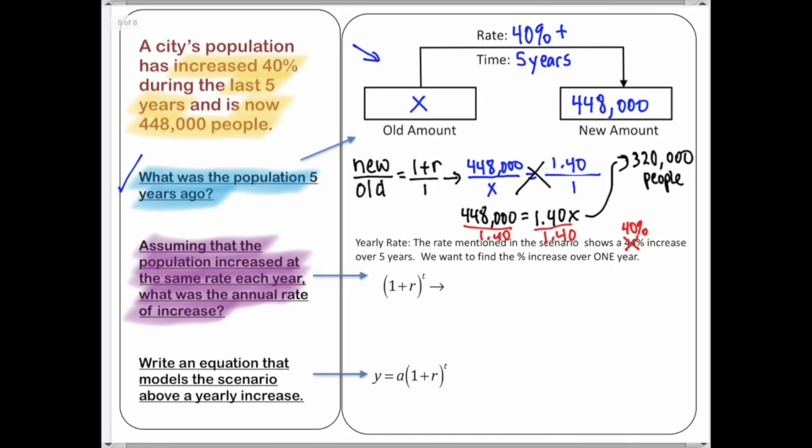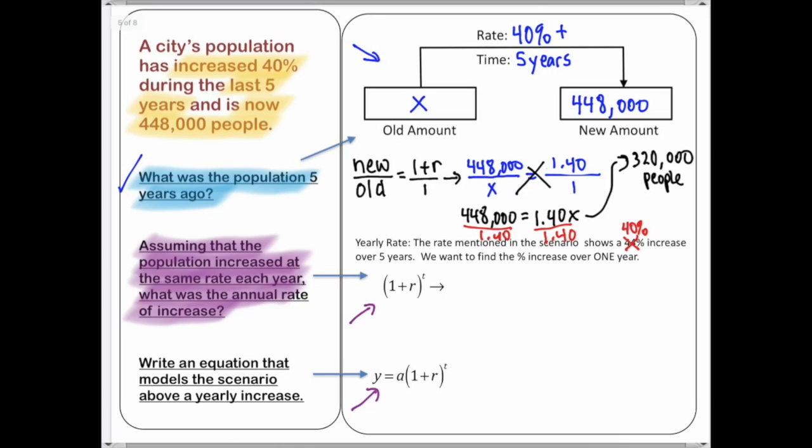So this is what we do. This new equation is part of an equation that we built a lot in Math 1.